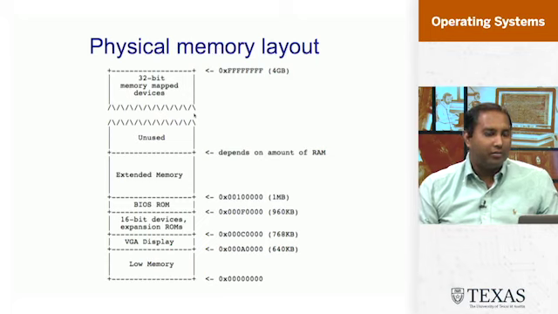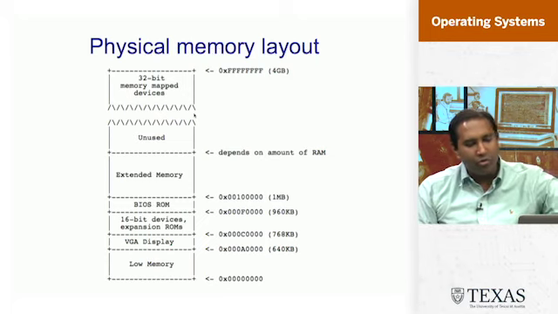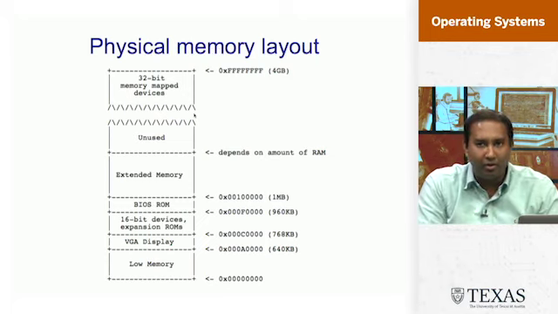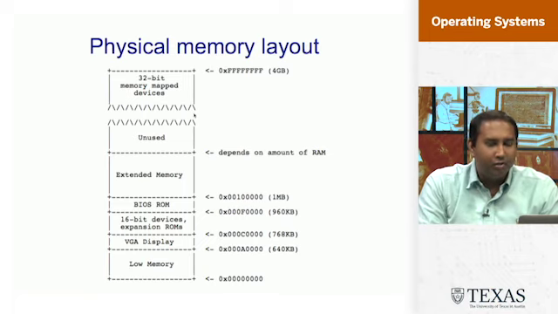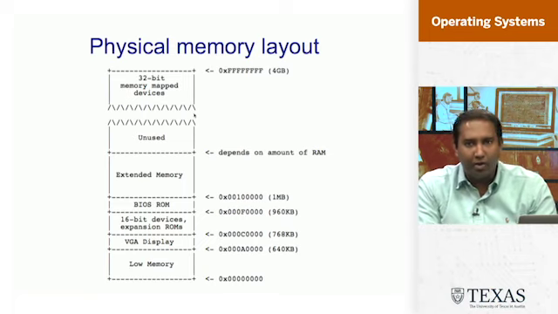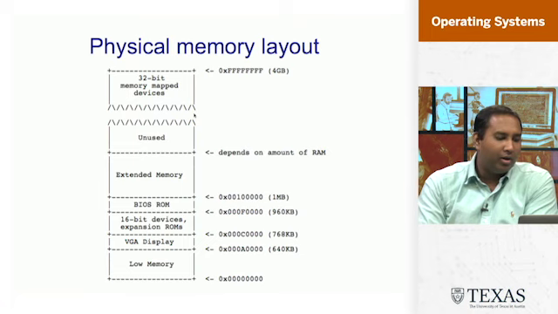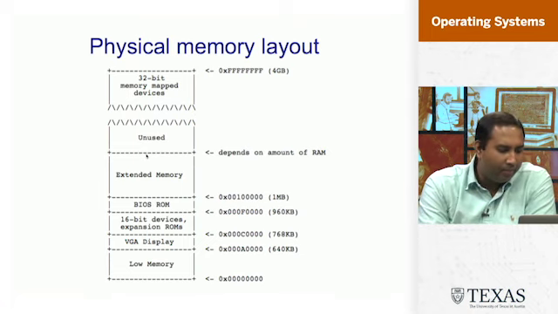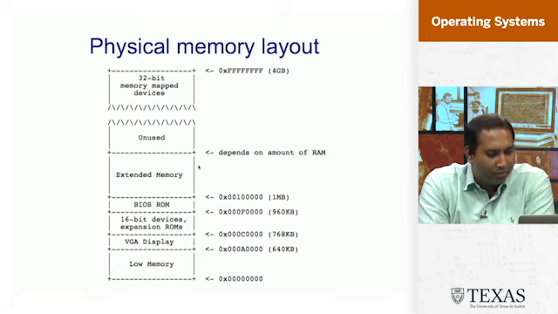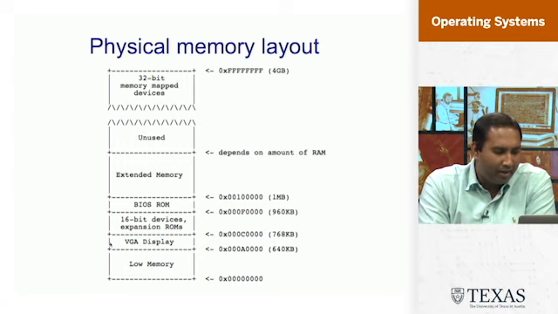If you look at this slide, what it's showing is how you actually use the memory of your device. In this particular case, there are 4 gigs of memory, and this figure shows how you actually use it. There's the slot for stuff like, for example, your VGA display for a number of devices, your BIOS, and then there's extended memory, and then a bunch of other stuff.